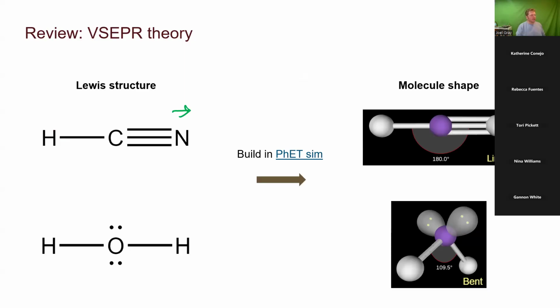In this case, we've got two molecules, and both of these are polar. The reason that they are polar is kind of two different reasons. Well, HCN is a polar molecule because N is more electronegative than carbon.